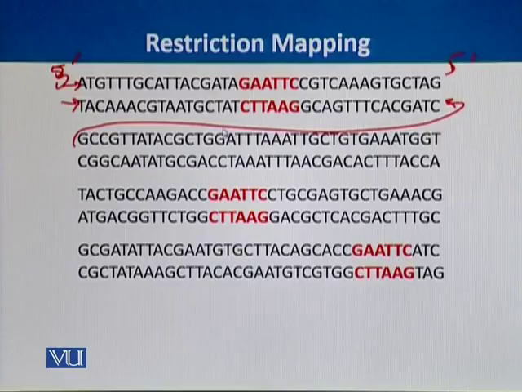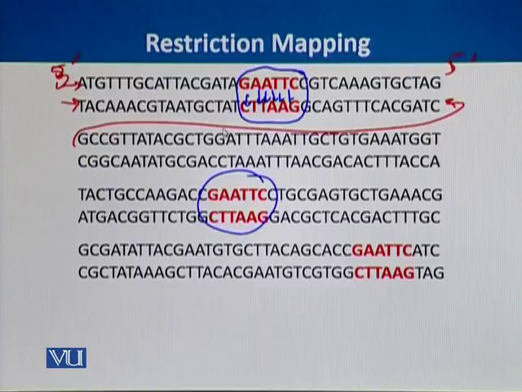So this is the continuation of this double-stranded DNA, and we can see here the same nucleotides GAATTC, and this is the complementary second strand of the DNA. Again, the same sequence is present here and here.